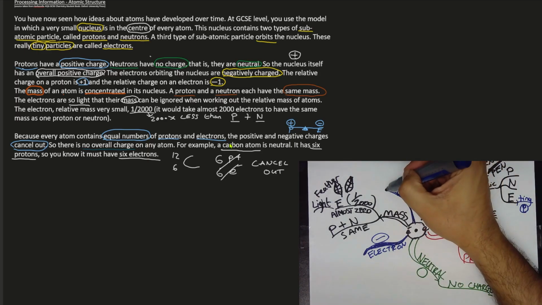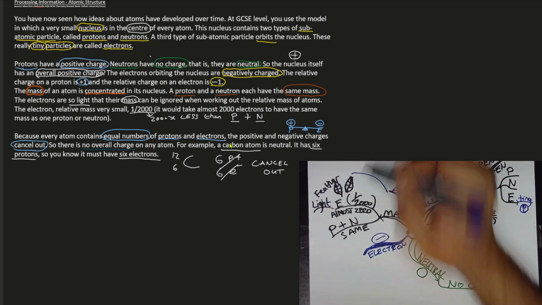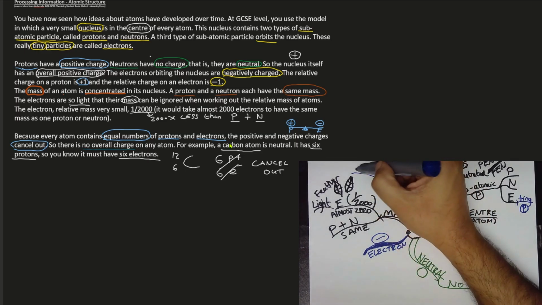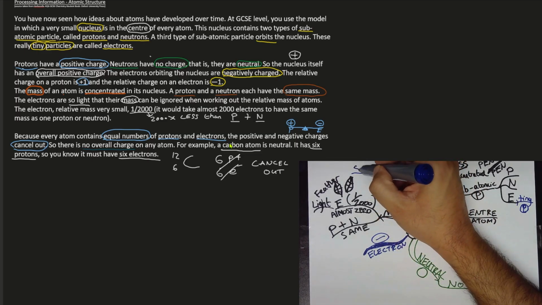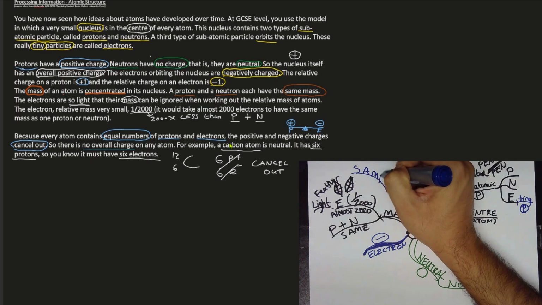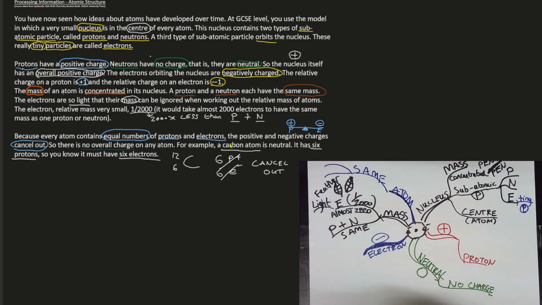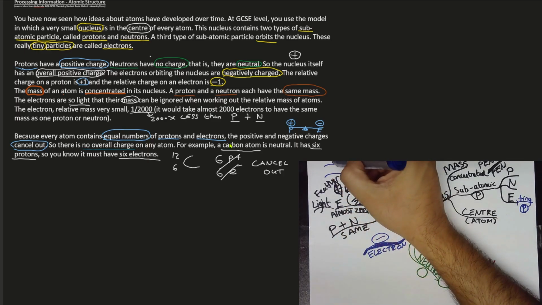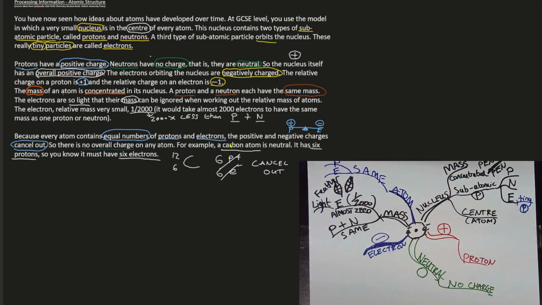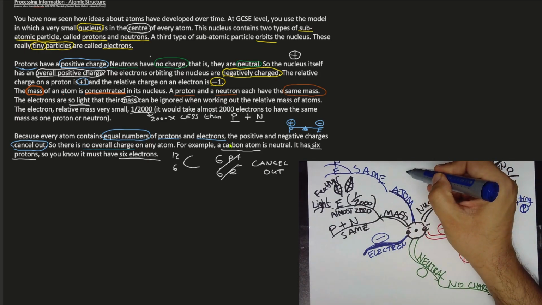And you might say over here the words same, and we just write down what they are. They have the same number of protons and electrons. Protons and electrons. Okay. And we also know that the atom is the same because we did an example, didn't we?